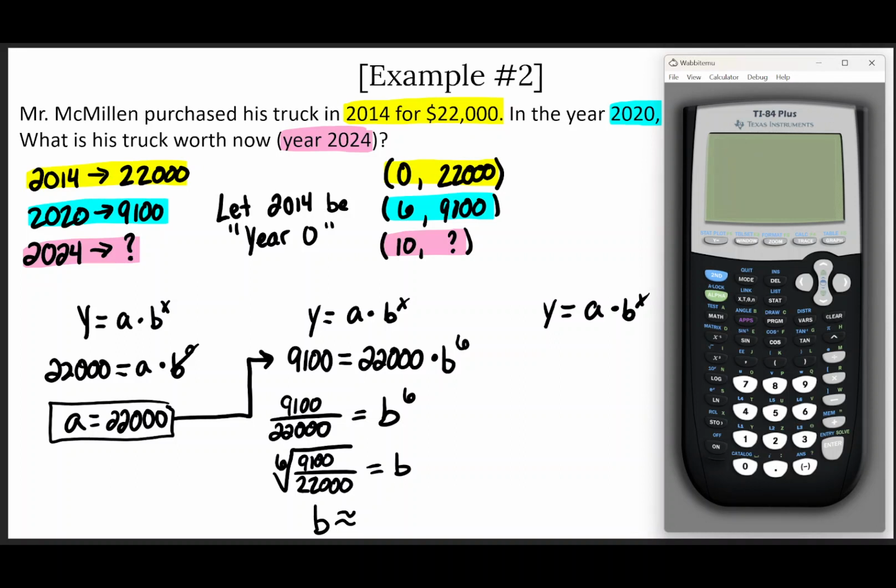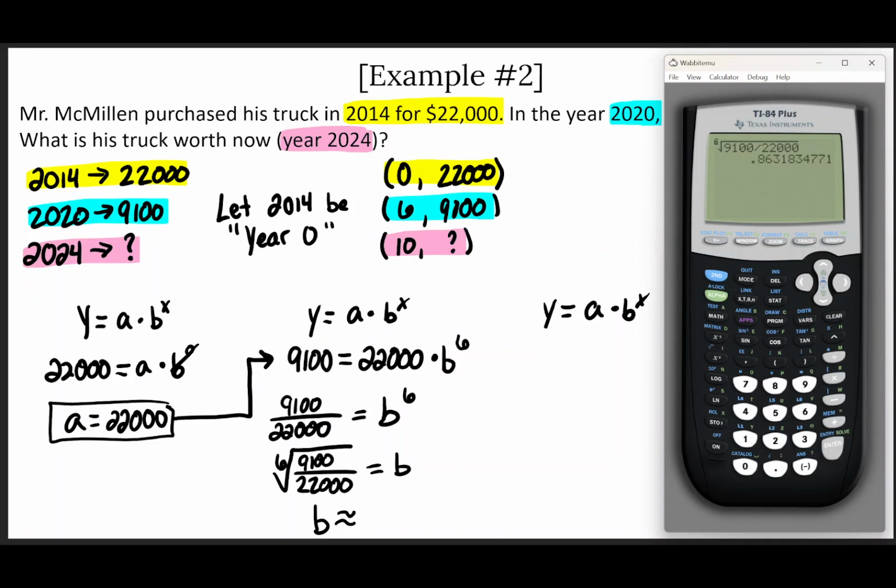Okay, we need the 6th root. So we're going to press 6, math, 5 in our calculators. I'm going to write that fraction inside the root. So 9100 divided by 22,000. Calculator's being slow on a computer. Weird.